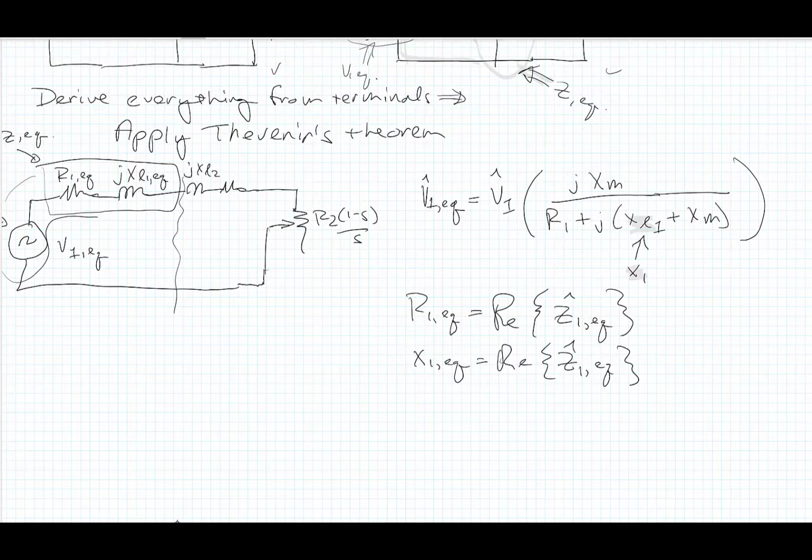And so then all you need to know is what is Z1 equivalent, and that is equal to jXM in parallel with the branch R1 plus jXL1, so 1 over, R1 plus j(XL1 plus XM).